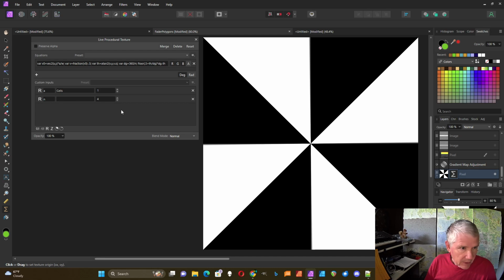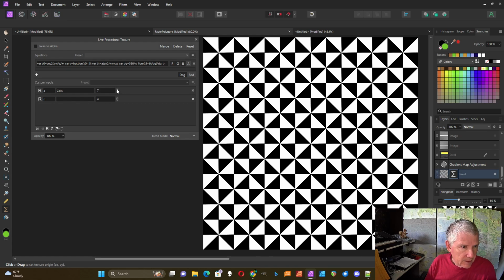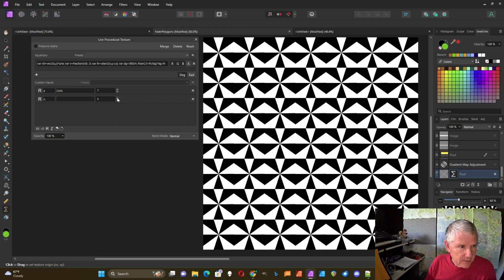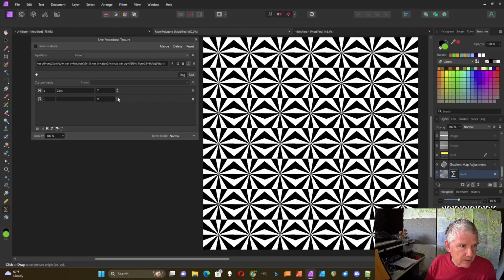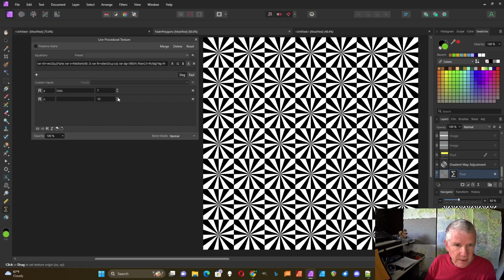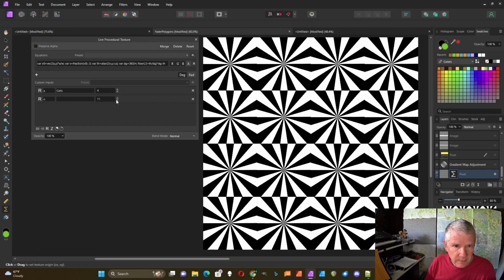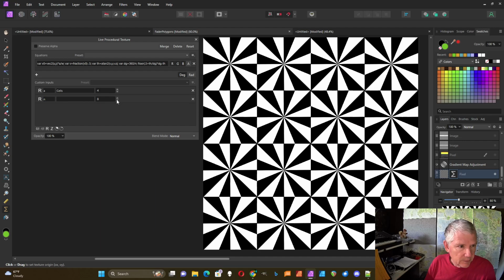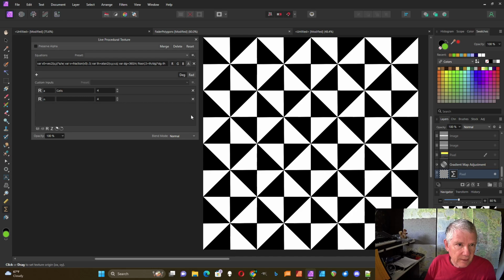By the way, this has this cool pinwheel effect. If you increase this, you can make tons of those pinwheels, and then as you increase this, you can create a pretty interesting pattern with all these pinwheel patterns. But that's not what I'm after here, so I'm going to go on to the next step.